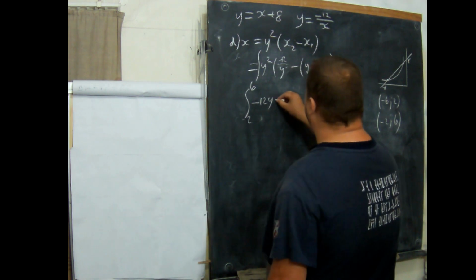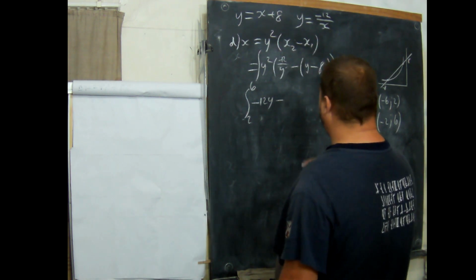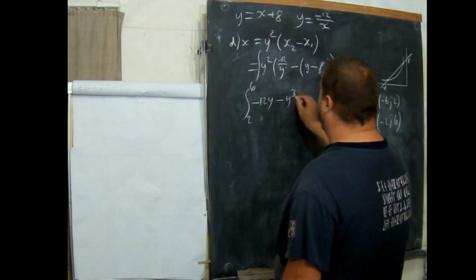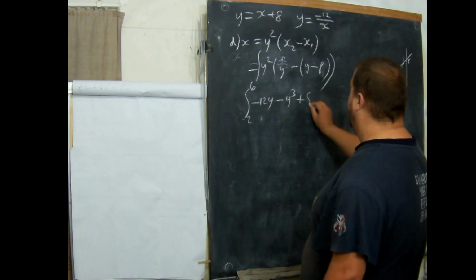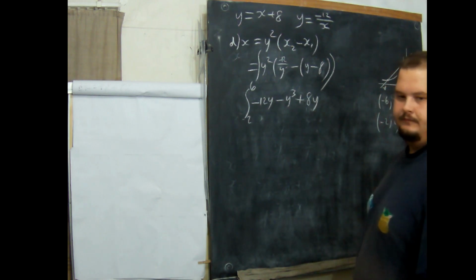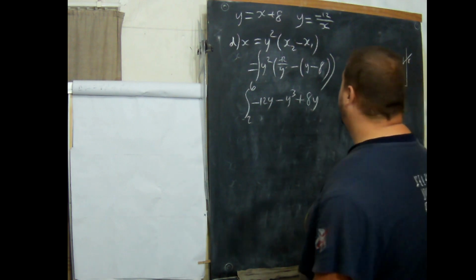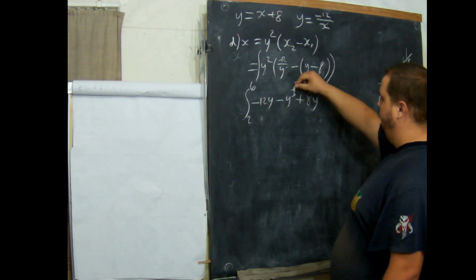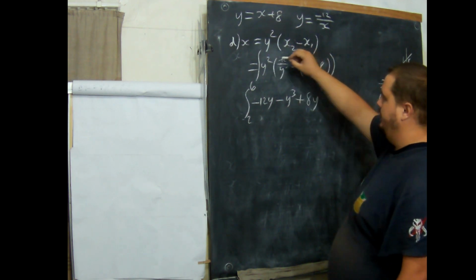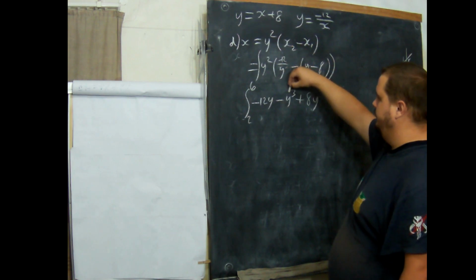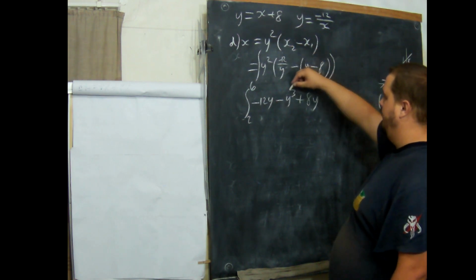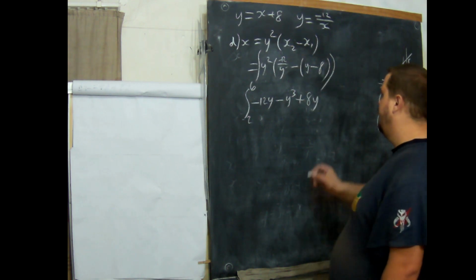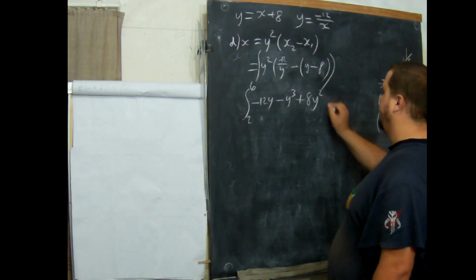Then minus y times y squared is y cubed, plus 8y squared. So we multiplied through and we multiplied the minus through. That became minus y cubed, because y times y squared is y cubed, and minus times a positive is a minus. Minus times a minus is a plus, so it's 8y squared.